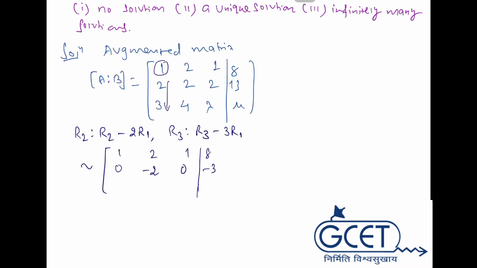Similarly, multiply with minus 3 here, so minus 3 plus 3, so that is 0. Multiply minus 3 here, so minus 6 plus 4, so minus 2, and that is lambda minus 3. And this is mu, multiply with minus 3, so mu minus 24.